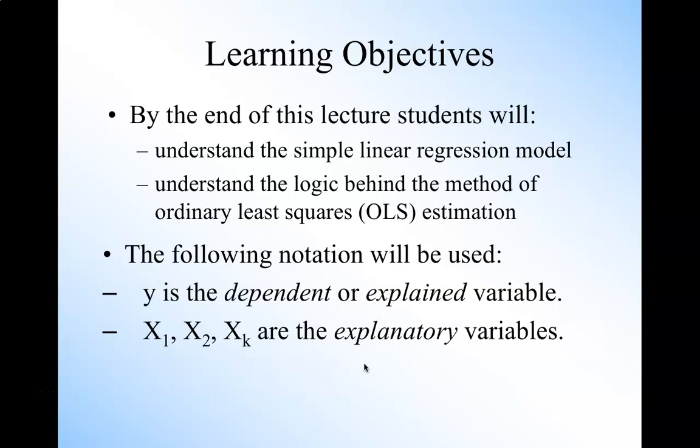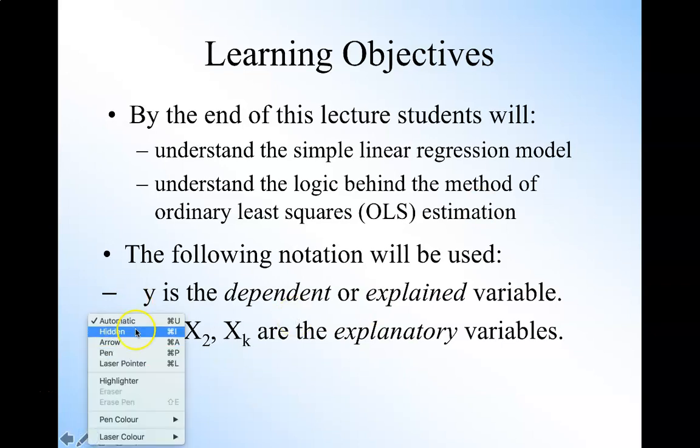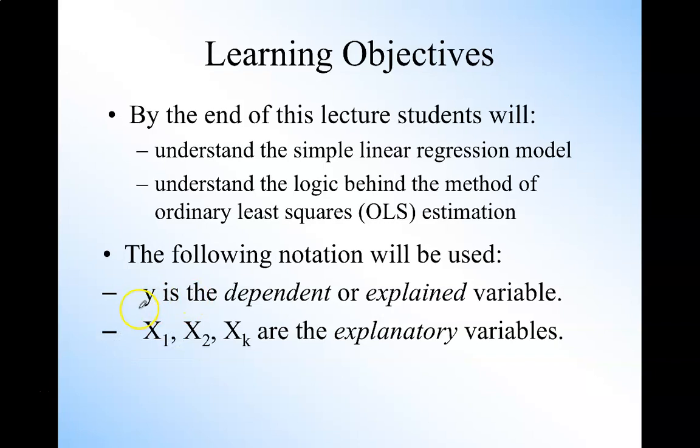All right, so the learning objective for this particular chapter is, hopefully by the end of this video, you could understand the idea of simple regression model, understand the logic behind the method of ordinary least square, and some of the notation that is going to be used in this chapter. The focus in this chapter will be y as the dependent variable, x as the independent variable.